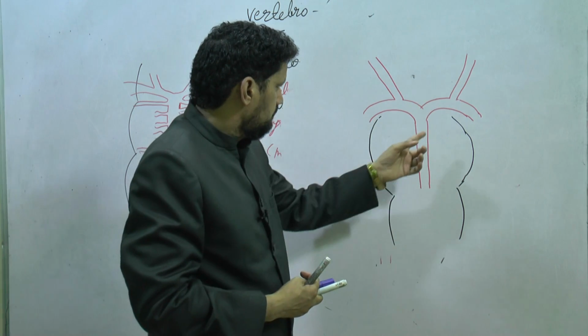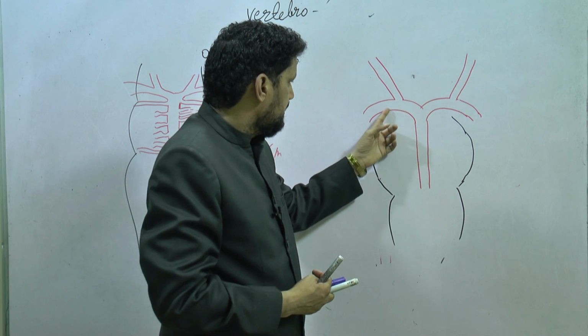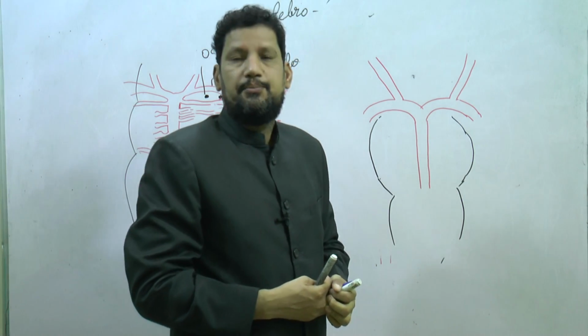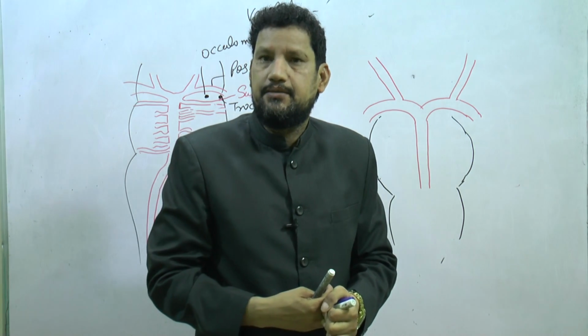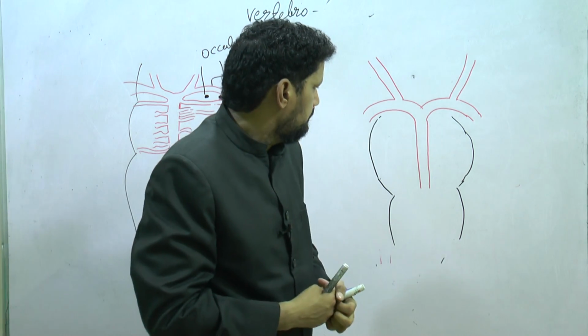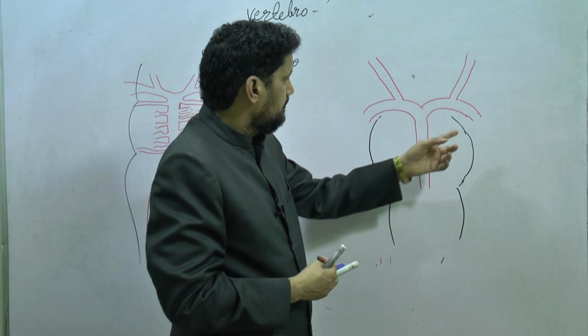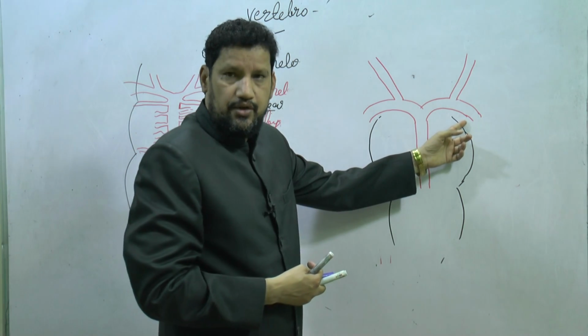Initially, the artery is running laterally and backwards behind the cerebral peduncles and reaching the tentorial area.